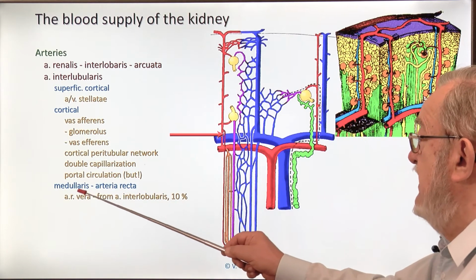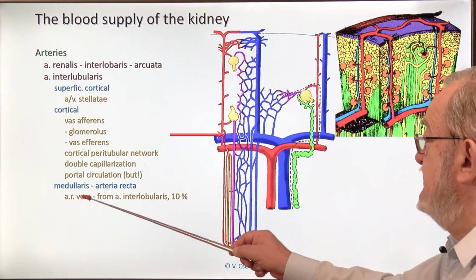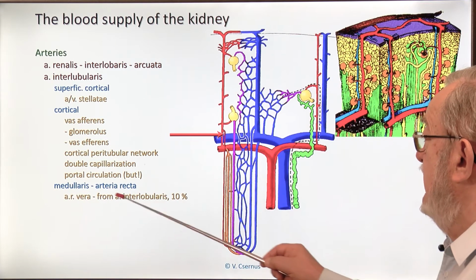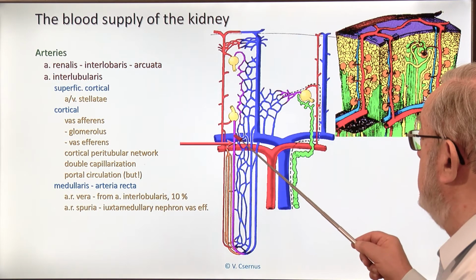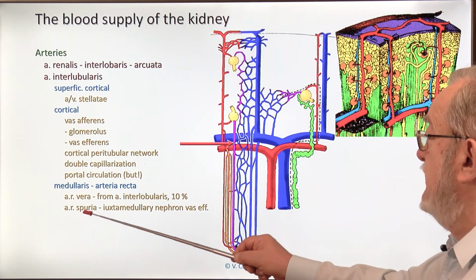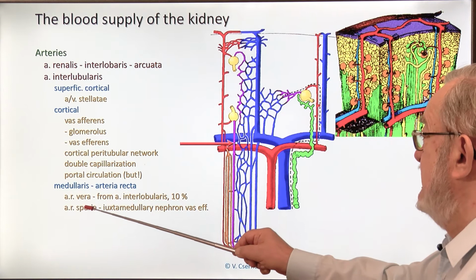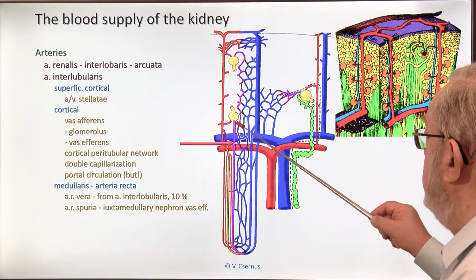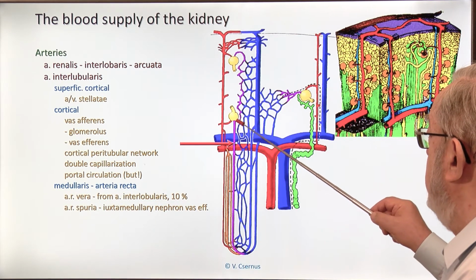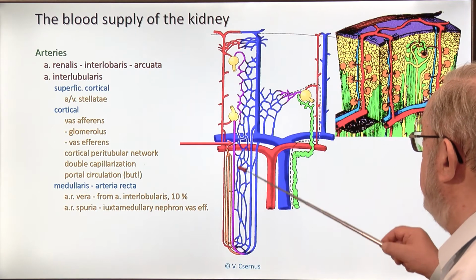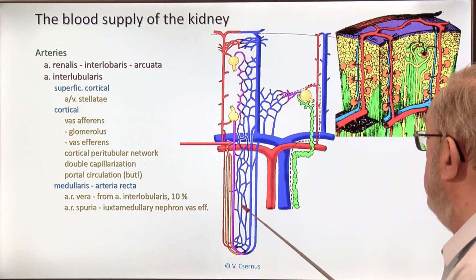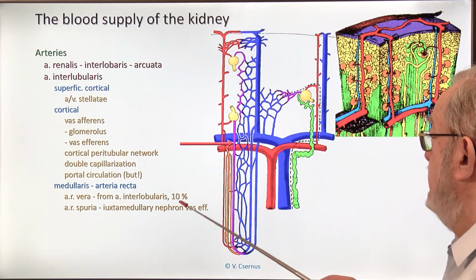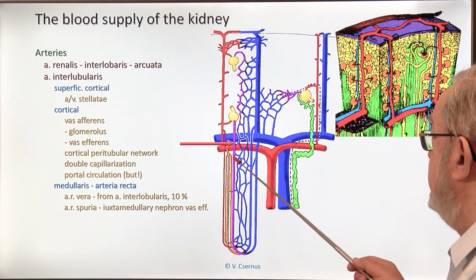We distinguish real straight arteries, arteria recta vera, which come directly from that. And we have the second one, the arteria recta spuria, the false arteria recta, which is practically the vas efferens of the juxtamedullary nephrons. Both of them, once again, supply the medullary tubes.